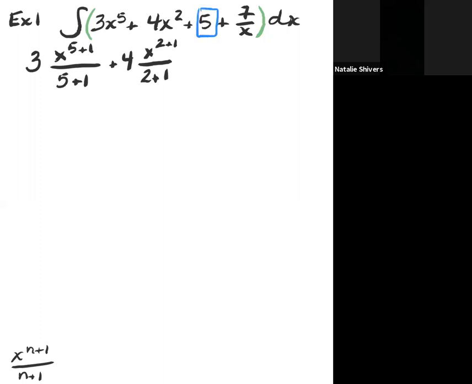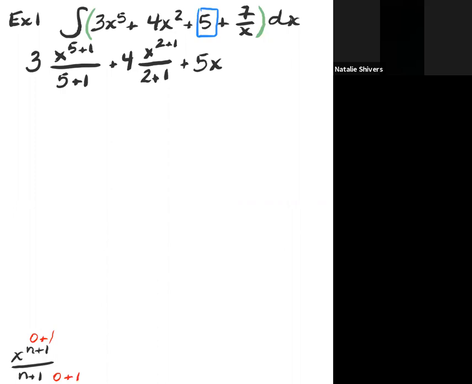Anytime you have just a number, you get to just attach x to it. Okay? Because you're getting that 0 plus 1 whole idea over 0 plus 1. So that's where that comes from, but it just becomes x, and it's a little easier if I just write x.